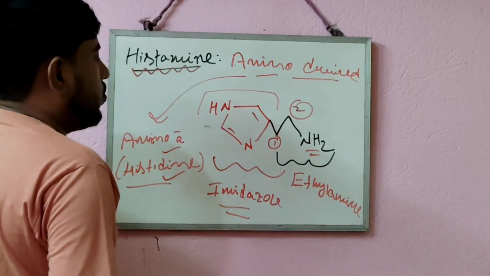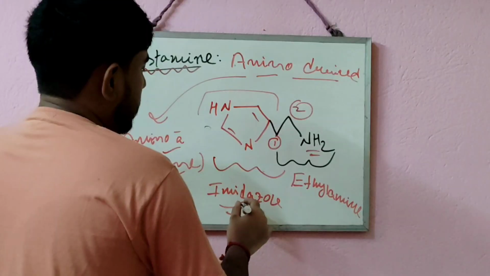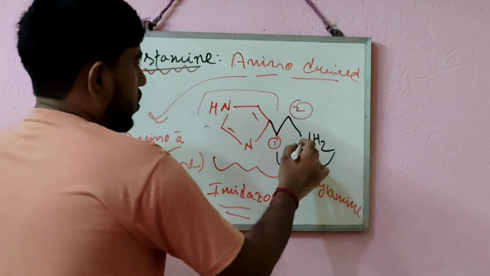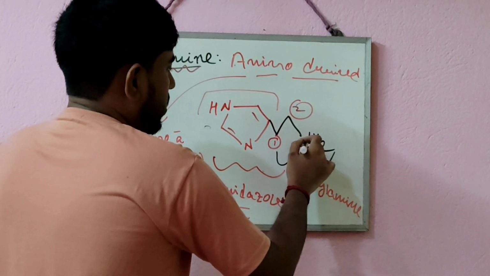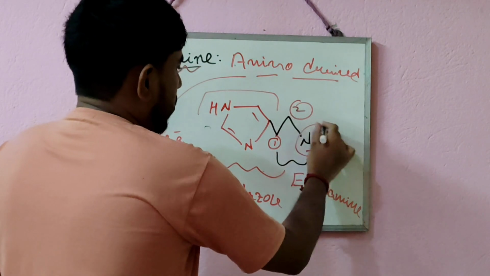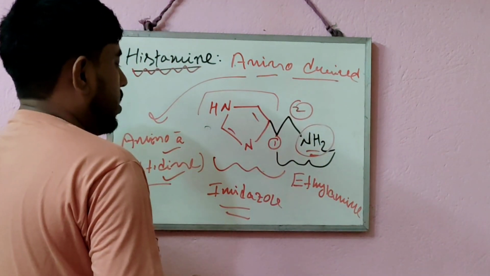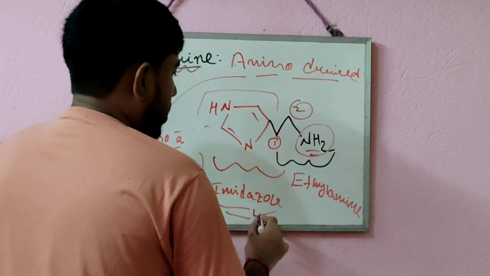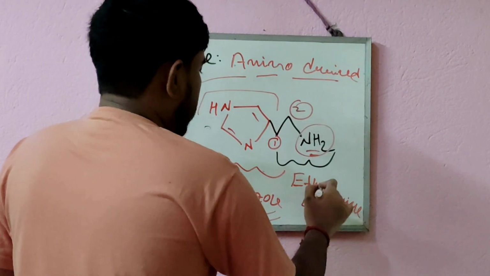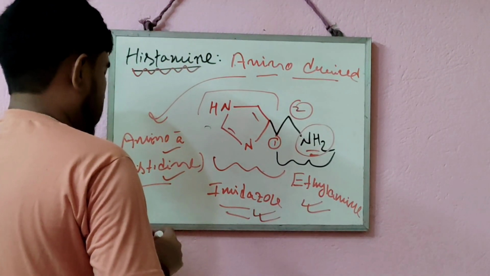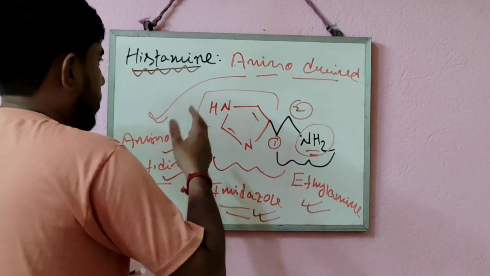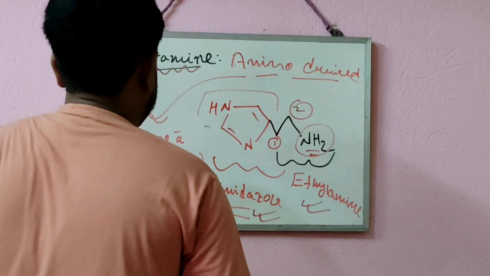That's why it is called an amino-derived autacoid. This is the simple structure of histamine, which consists of an imidazole ring and an ethylamine side chain. So that is the simple introduction about histamine.